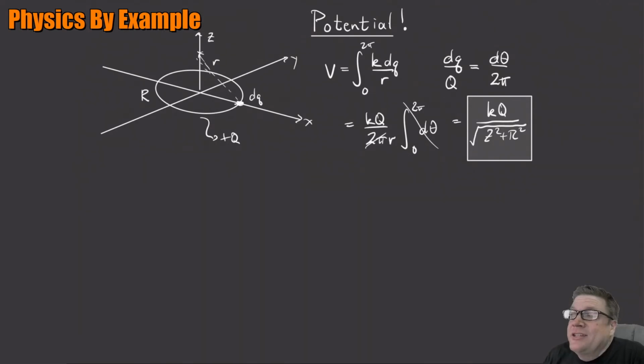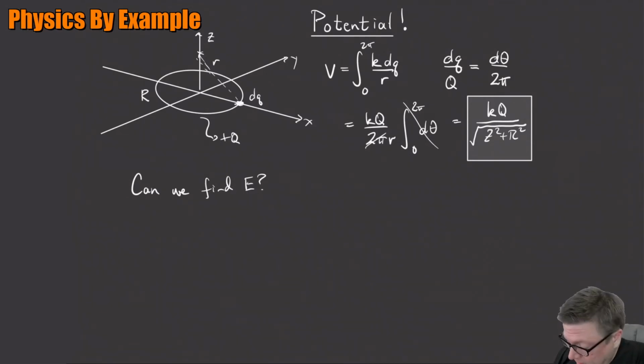Okay, that was actually really easy. But just to prove the method, let's find the electric field. How do we do it? In general, what you've probably seen is that the electric field is the negative gradient of the potential V. So what is the gradient?